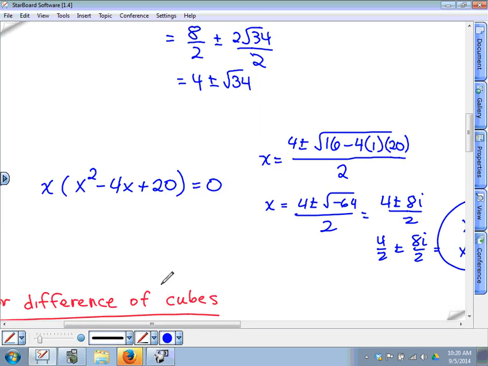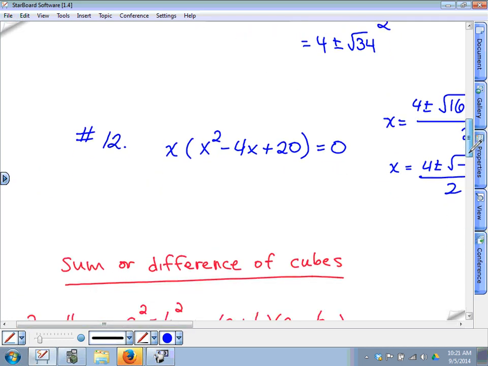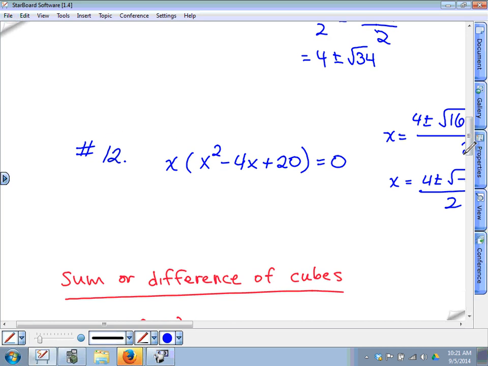Now, this is a new topic. We've got 4 more questions to go, don't we? New topic. Ooh, it's the sum or difference. So last time we went over the difference of squares, right?